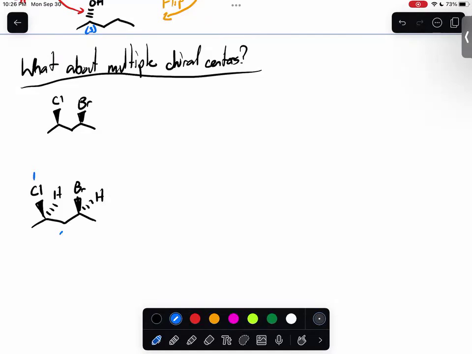That carbon would be 2, the CH3 would be 3, that would be 4, right? This is rotating clockwise, so that tells us that this is R. The bromine, on the other hand, bromine would be number 1, that carbon would be number 2, there's number 3, and the hydrogen's number 4. Rotating around, since the hydrogen's in the back, we're all good. It's counterclockwise, that is S.